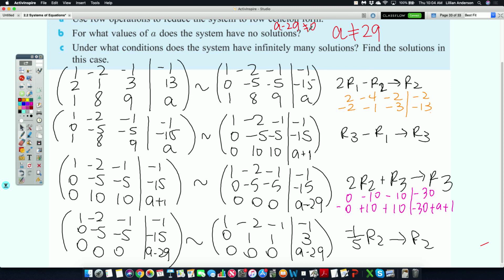And under what conditions does the system have infinitely many solutions? And find the solutions in these cases. What did you get? A equals 29. It's infinitely many.